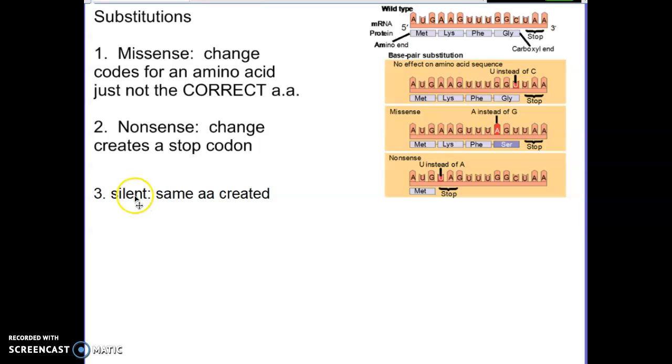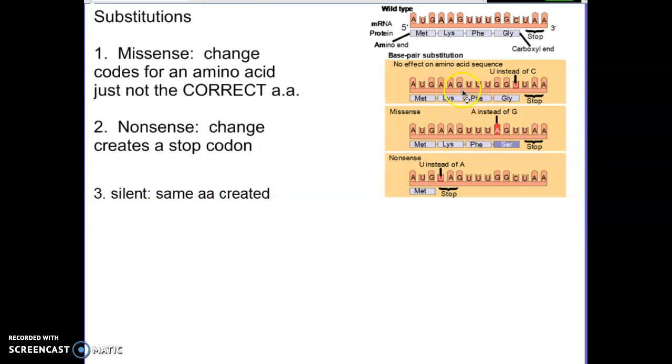No. That's a silent mutation. A nonsense mutation is when you actually create a stop somewhere in the middle of your strand instead of at the end. And then a missense is basically when you change the amino acid that you had intentionally wanted. Like the sickle cell example, when it made a valine instead of a glutamine, that would be a missense.